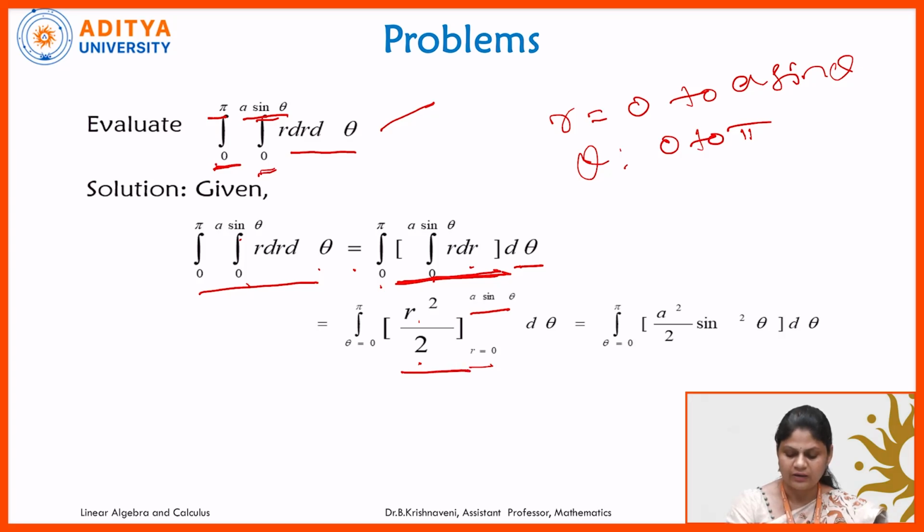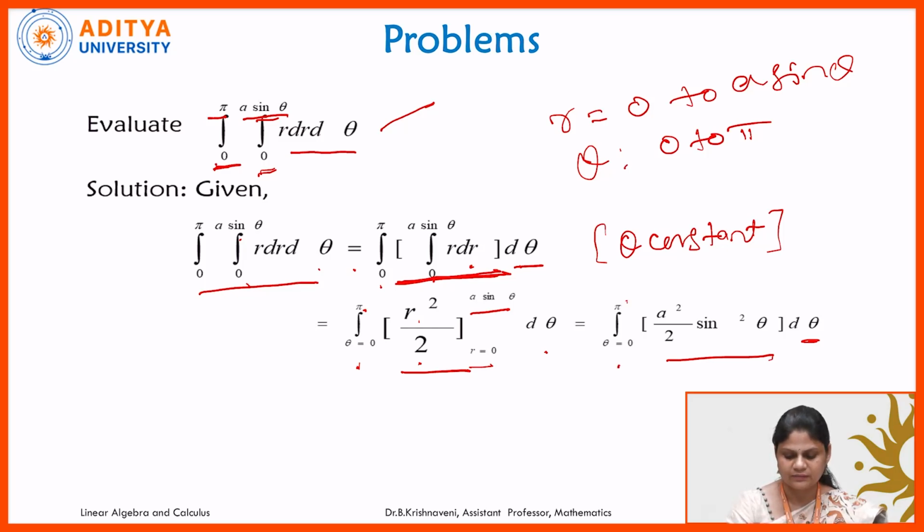That we need to integrate with respect to theta between the limits 0 to pi. Here we are doing first with respect to r, which means we need to keep theta constant. First do with respect to r, substitute the limits, and in the resultant we then need to do with respect to theta between the limits of theta.